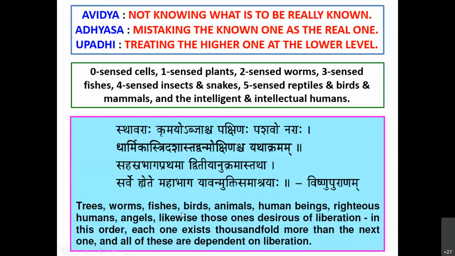Otherwise, the tree will be born again as a seed. Fish will be born again as a fish through its own egg. Bird will be born again as a bird through its egg. Human being is born as another human being through the same embryo.